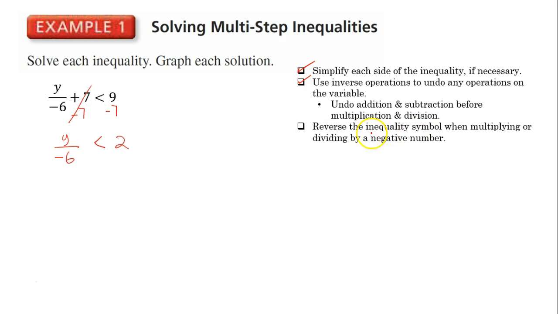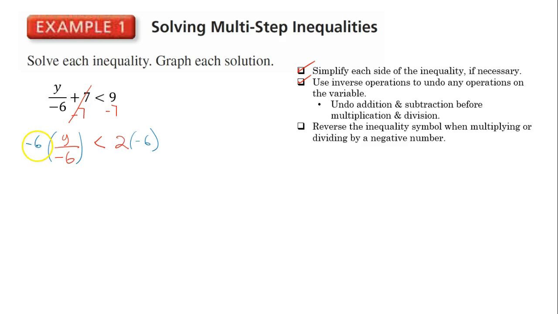To remember that when I am multiplying or dividing by a negative number, I've got to remember to reverse the inequality symbol. Now, over here I've got y divided by negative 6. And the inverse operation of dividing by negative 6 is multiplying by negative 6.